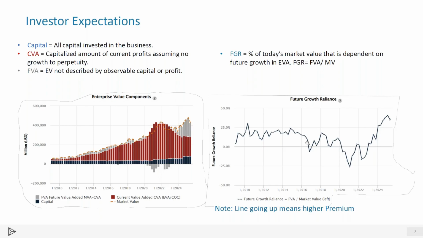And you can see for this stock that the premium expanded to above 25%. So 25% plus of today's market value dependent on that growth coming forward. That's quite high. So you would look at this chart the same way as you'd say this stock's trading in a, let's say it traded between 12 and 20 times PE.